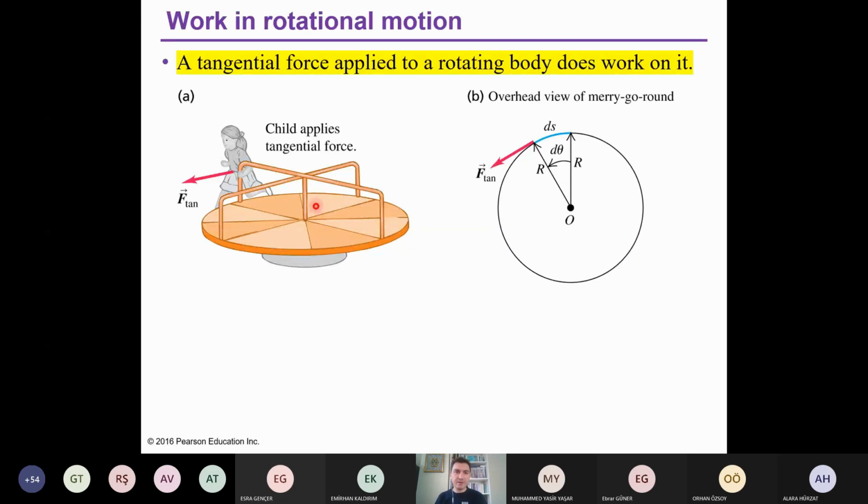Here you see a child. This child applies a tangential force on this rotating object, and with this force she can produce a torque acting on this object. On the right side we have a sketch.